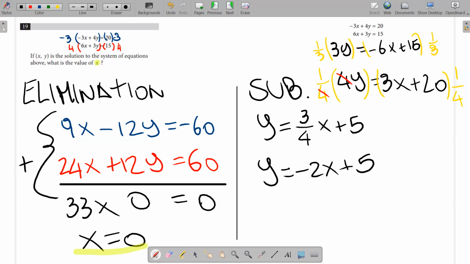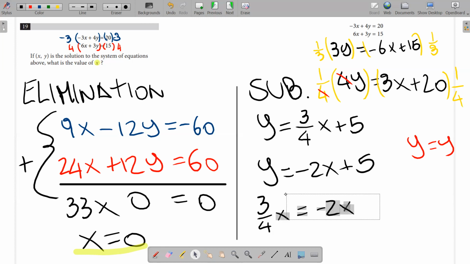Again, same steps as before. We need to say y equal to y. That means that we are going to have 3 over 4x plus 5 equal negative 2x plus 5.